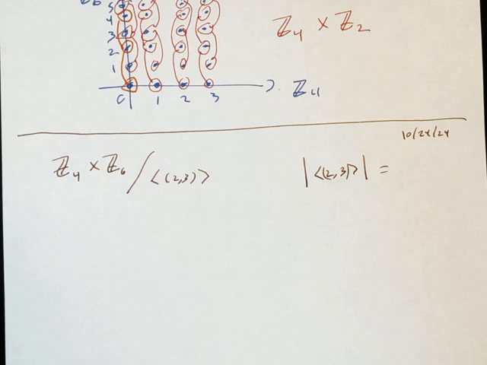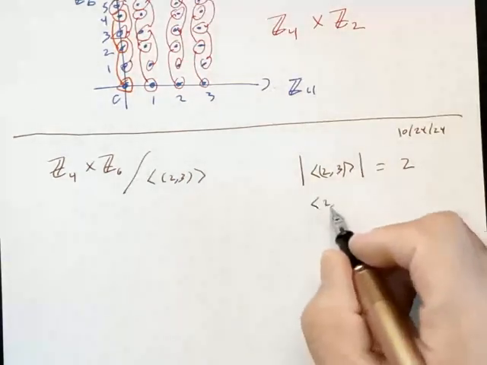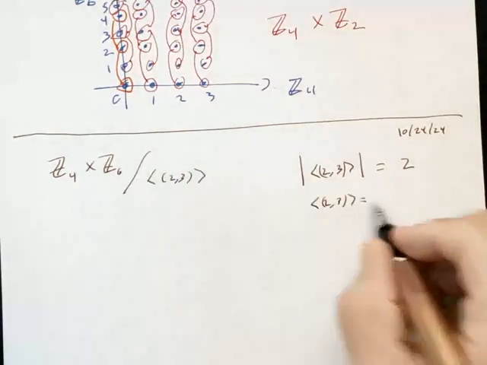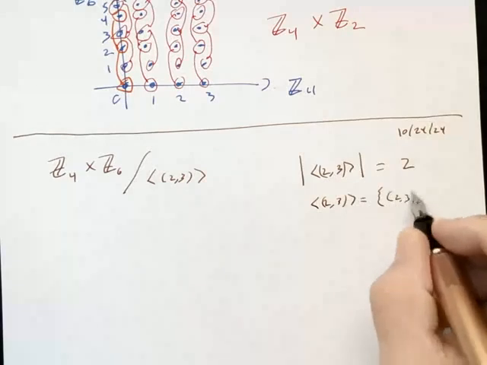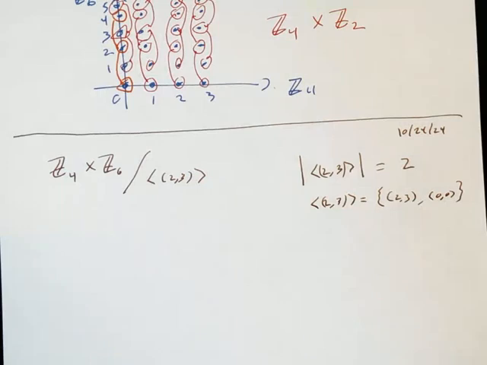(2, 3) and (0, 0). That's exactly right. This has order 2. Hey, wait a minute. What's Z4 by Z6 have as an order? Which means if I do this, I shouldn't get something whose order is 6. 24 over 2, I should get something whose order is 12.